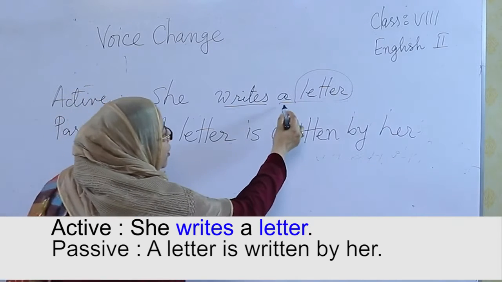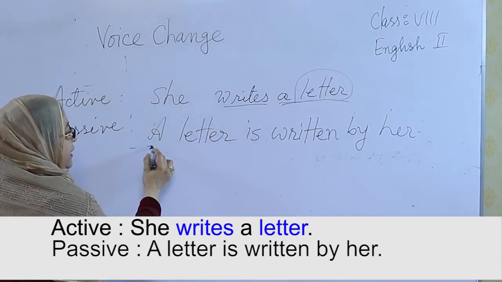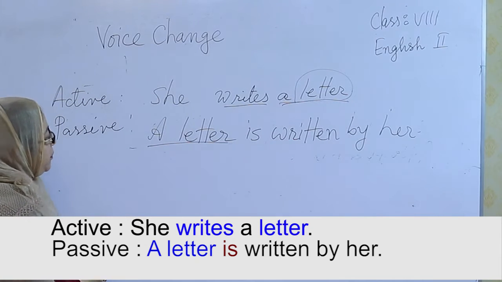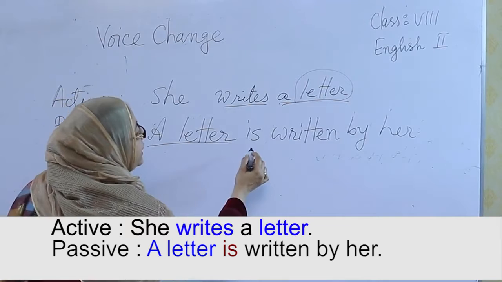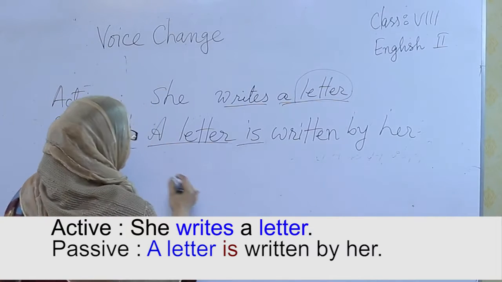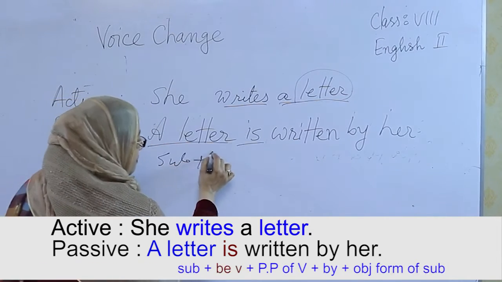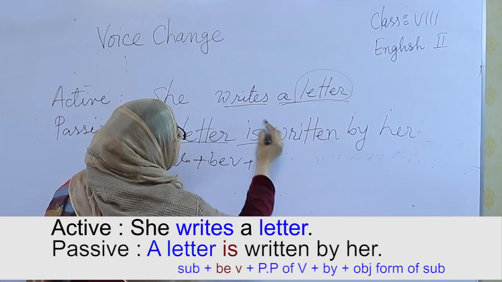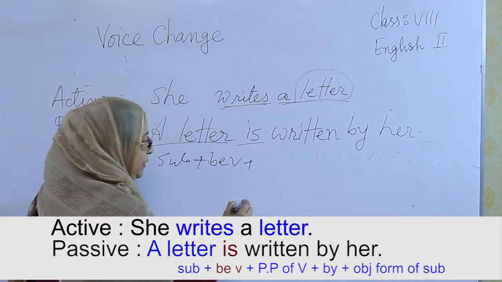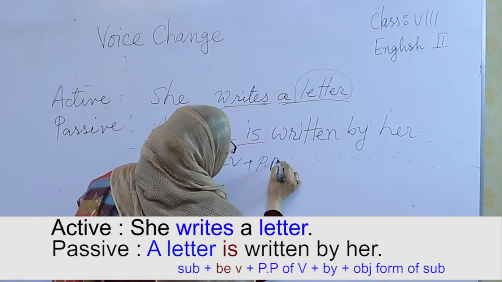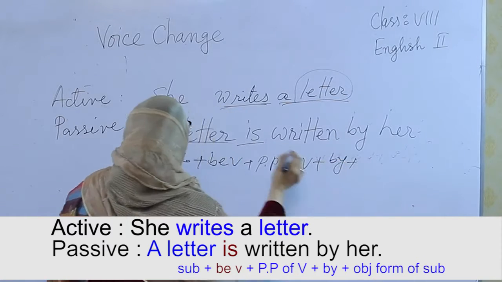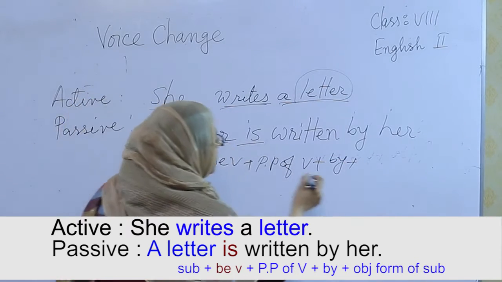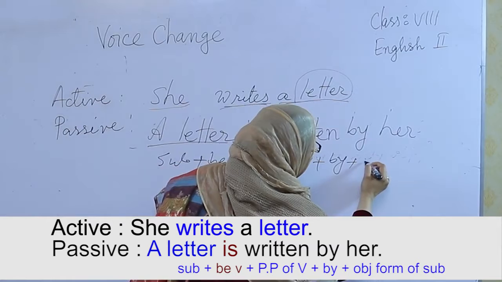The object of the first sentence, a letter, becomes the subject of the sentence, and then I write: subject plus be verb plus past participle form of the main verb plus by, then the objective form of the subject.